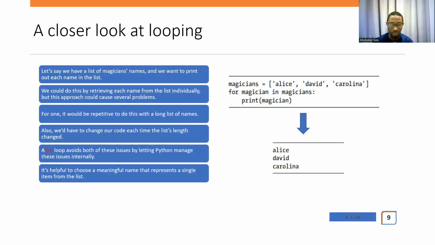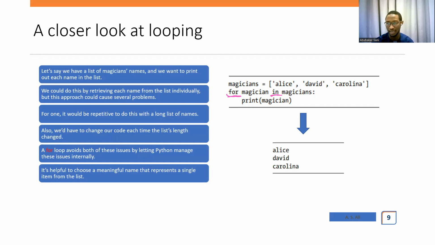So let's start with the for loop and take a look at a simple list here called magicians. As you can see, magicians is a list containing 3 magicians, Alice, David, and Carolina. So you can use the for statement in this way. You say for magician in magicians. For and in are keywords, so you cannot use them for anything apart from this functionality in Python.